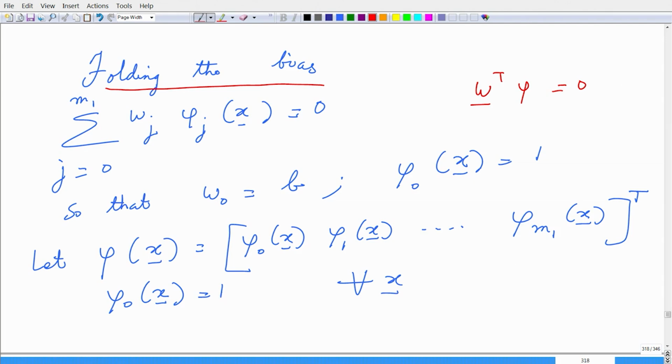With the augmentation, phi of x is phi 0 of x, phi 1 of x, and so on till phi m1 of x. This is a vector in R to the m1 plus 1 dimension, because I am folding in the coordinate that corresponds to the bias, and phi 0 of x is 1 for the validity of this equation.